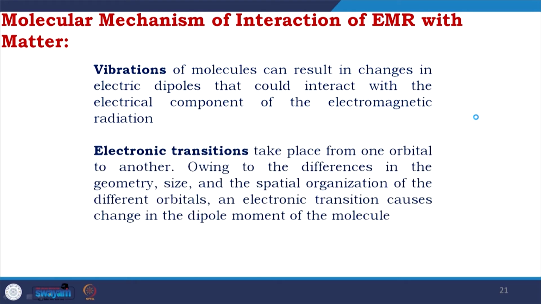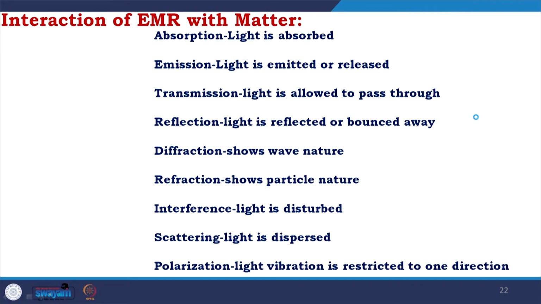Electronic transitions take place from one orbital to another. Owing to the differences in the geometry, size, and spatial organization of the different orbitals, an electronic transition causes a change in the dipole moment of the molecule, helping us to characterize a particular atom, material, polymer, substance and what not.